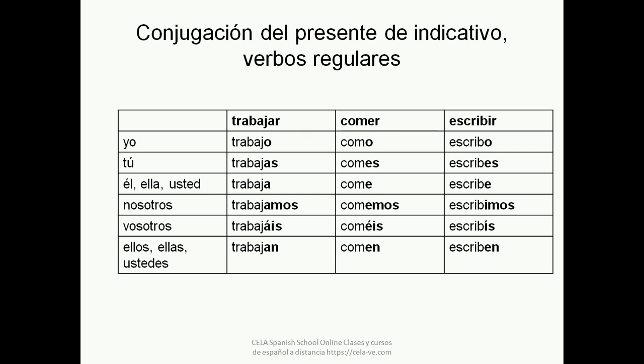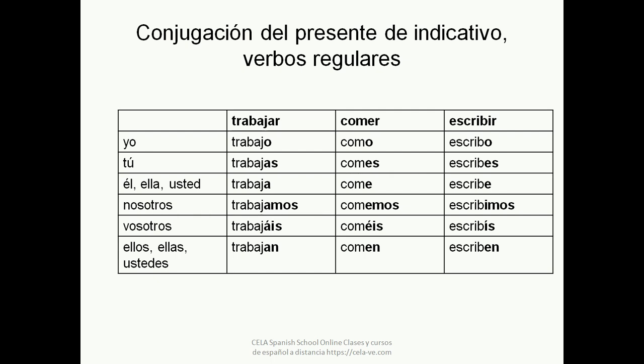As you will remember, in Spanish we have three groups of verbs. Those that end in ar, those that end in er, and those that end in ir. To conjugate a verb, we must remove the ending to obtain the root and place the corresponding ending for each verbal person in each tense.